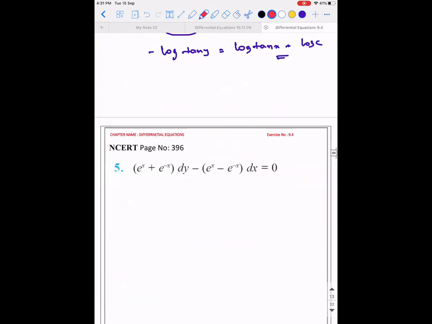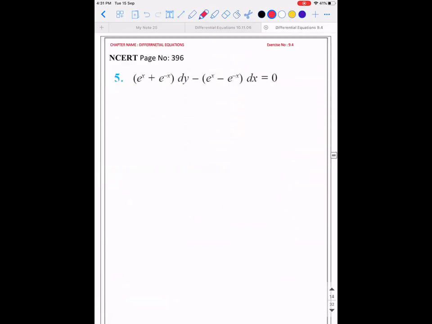Moving on to the next problem. So dy by dx will be equal to e power x minus e power minus x divided by e power x plus e power minus x. Okay. Just rearrange the equation. If you observe the right hand side, it is a complete function of x.